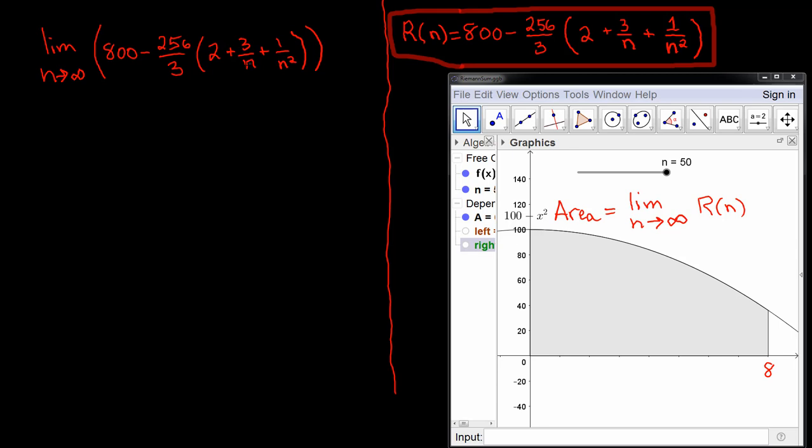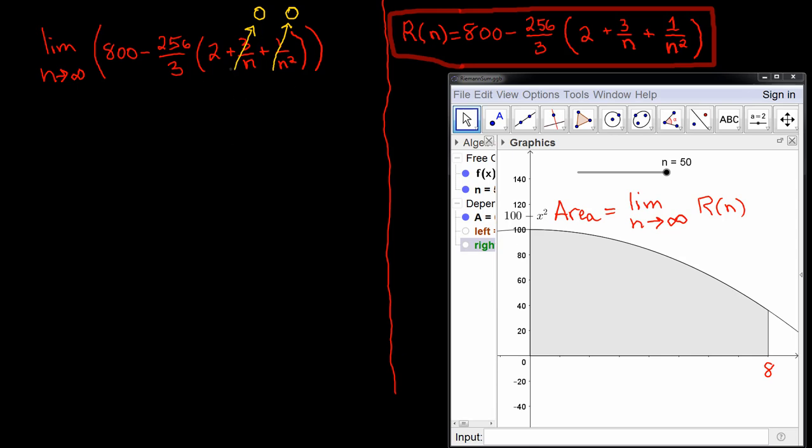Oh, but as n is going to infinity, if you take 3 and you divide it by a really big number, then it's going to be getting close to 0. So as n goes to infinity, that guy is going to go to 0. And same thing with the 1 over n squared. Like 1 divided by a billion squared is practically 0. So that's going to be going to 0 as well.